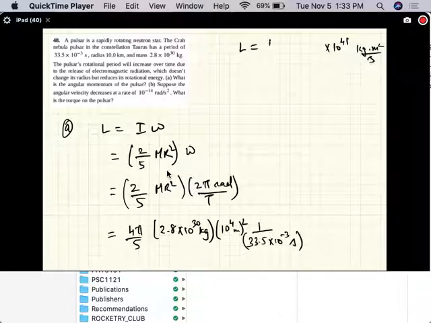And the rest of the stuff is 4 pi times 2.8 divided by 5 times 33.5.